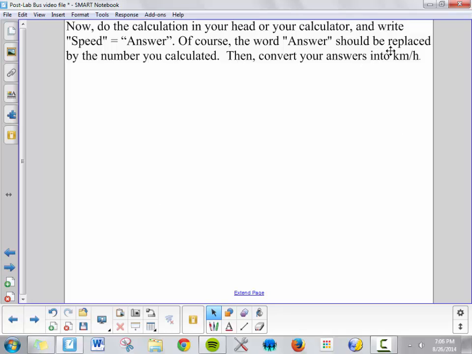But of course we want those measurements in kilometers per hour. So you would take your speed, write it in meters per second, and then we're going to do some factor label. Remember, factor label uses very simple division to cancel out units. So if this is a meter per second, we want to put meters on the bottom to cancel the meter and kilometers on the top to get kilometers.